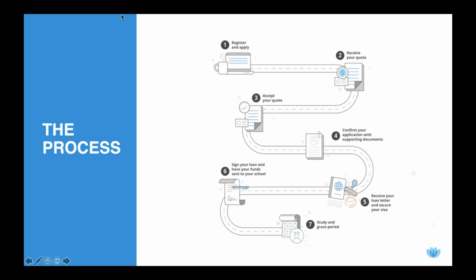We will never need you to submit anything offline. So you submit an application, and within seconds you receive your quote. That is step 2. Your quote is going to tell you your loan size, your rate of interest, your repayment period, and other details associated to a loan. If you like that offer, you can go ahead and you can accept your quote.